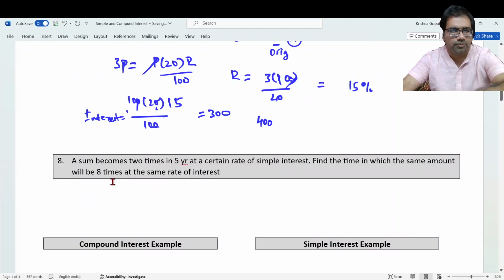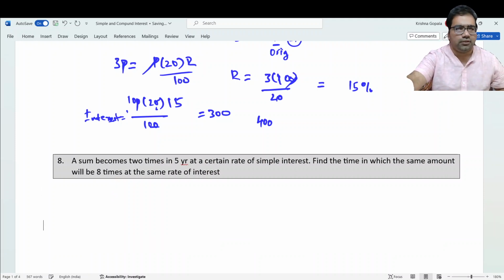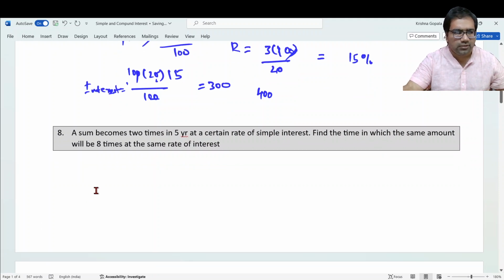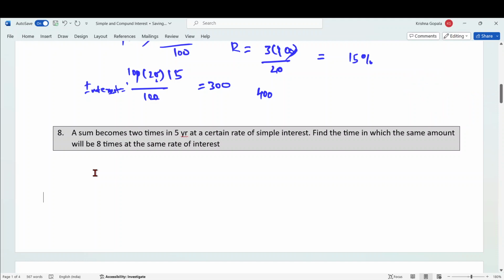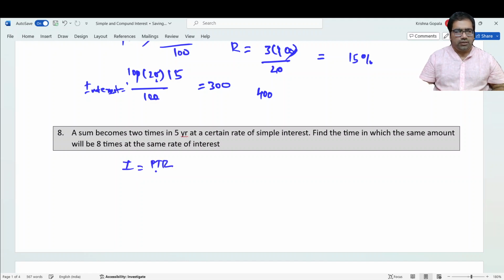Let's get to the next problem. What is it saying here? A sum becomes 2 times in 5 years at a rate of simple interest. Find the time at which it becomes 8 times at the same rate of interest. Very good. So, interest is equal to PTR by 100. This we all know. In 5 years, it is becoming 2 times.